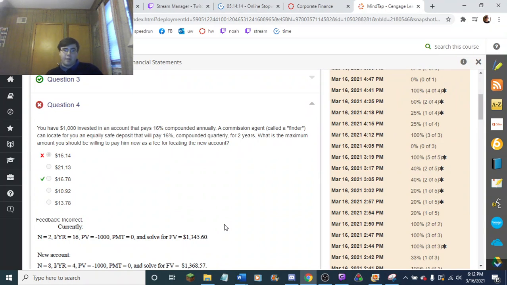I'm going to do this again. Okay, so the nominal rate is 16. Enter. There are 4 payments a year. Now effective rate, compute.